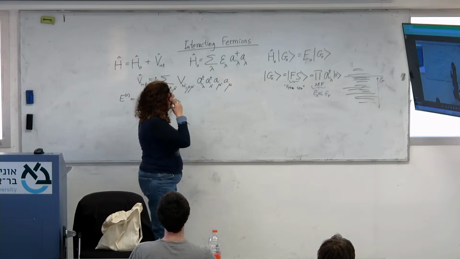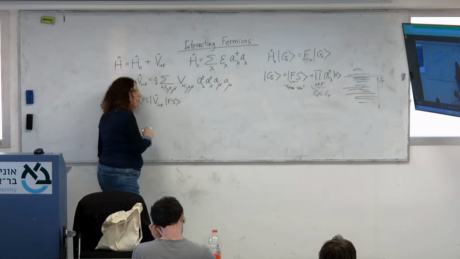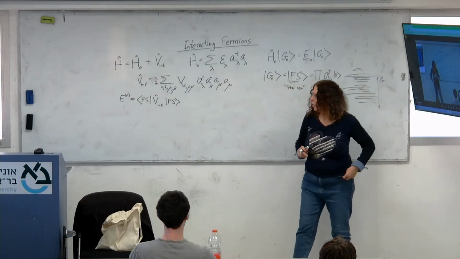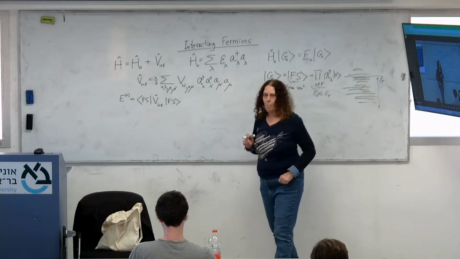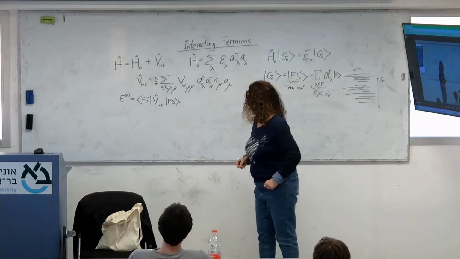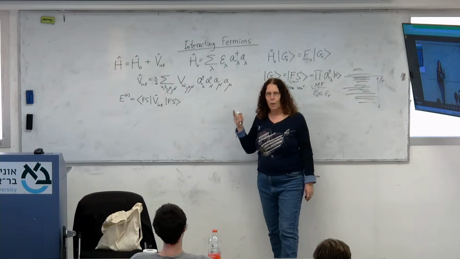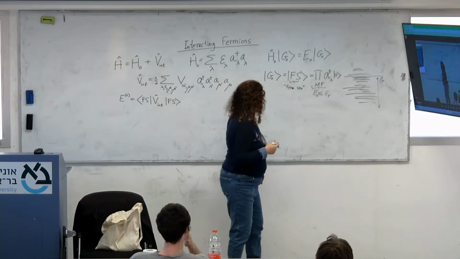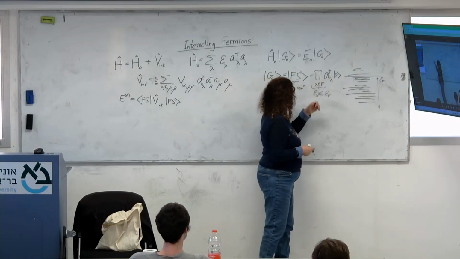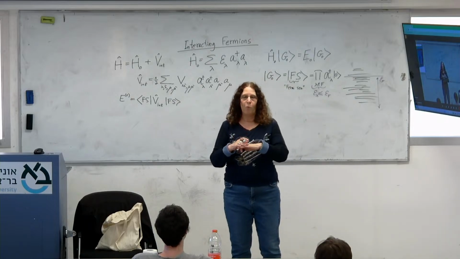Okay. So a nice way of looking at this problem, which I started considering two weeks ago, is to change our definition of the creation and annihilation operators in such a way that the ground state, this Fock state, the filled Fermi sea, will be considered as the new vacuum.